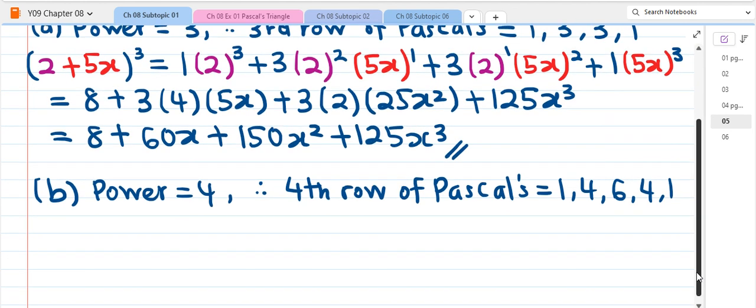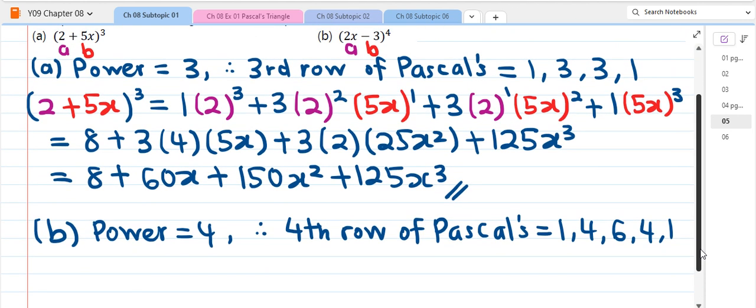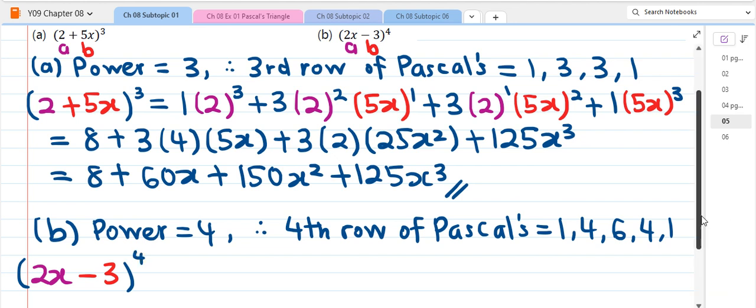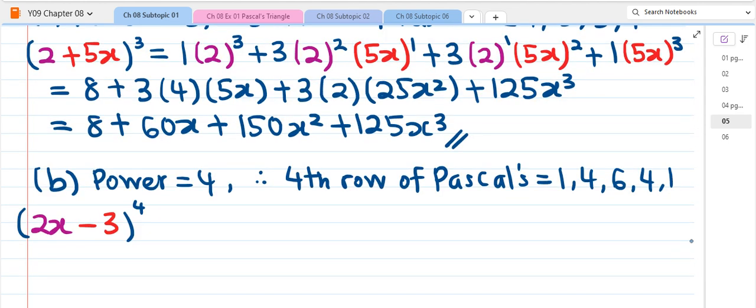So let's proceed with the expansion. Here your expansion is using (2x - 3) to the power of 4. Now here you begin with your a to the power of 4. So a is your 2x to the power of 4.